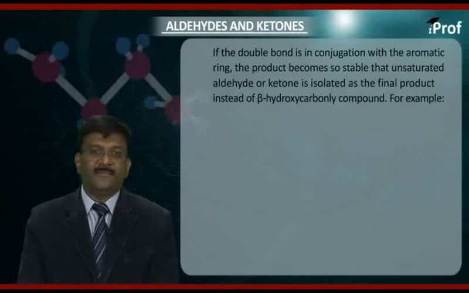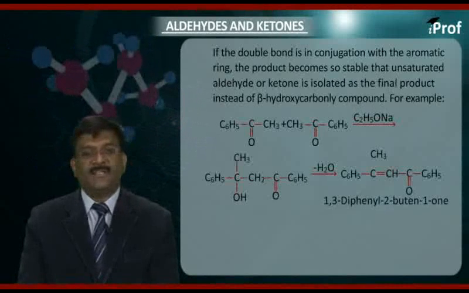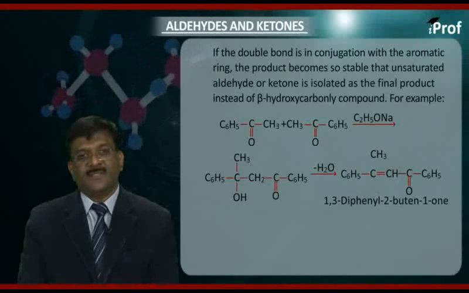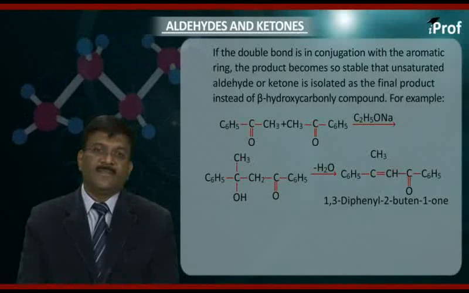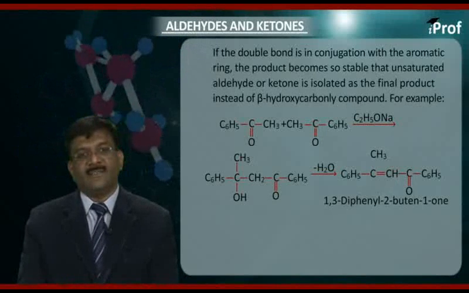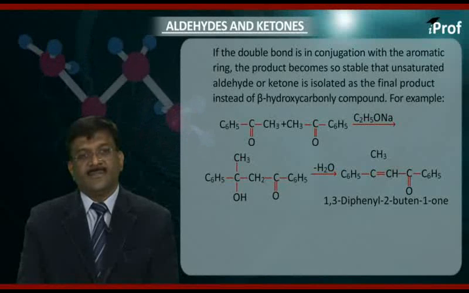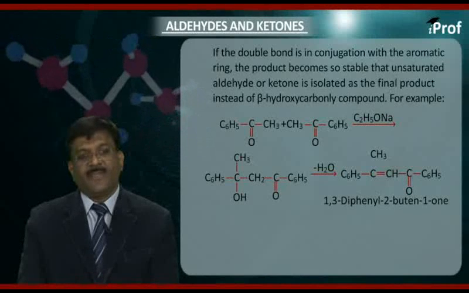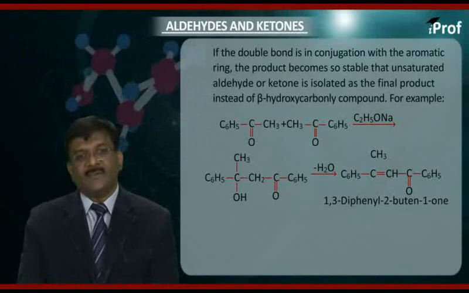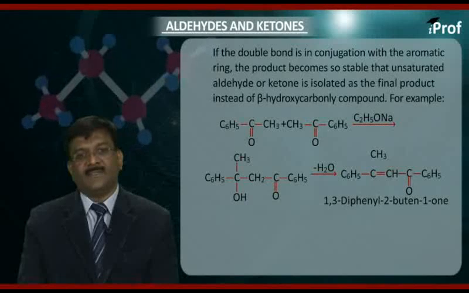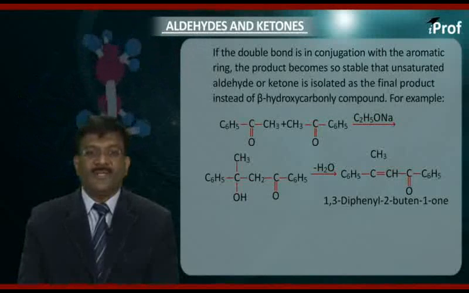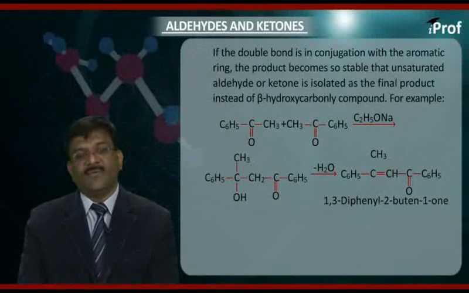For example, in the reaction C6H5COCH3 plus CH3COC6H5 in presence of C2H5ONa, it gives C6H5C(CH3)(OH)CH2COC6H5, which loses a molecule of water to give C6H5C(CH3)=CHCOC6H5, that is 1,3-diphenyl 2-butene 1-one.